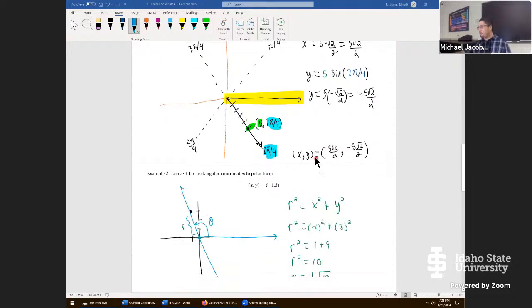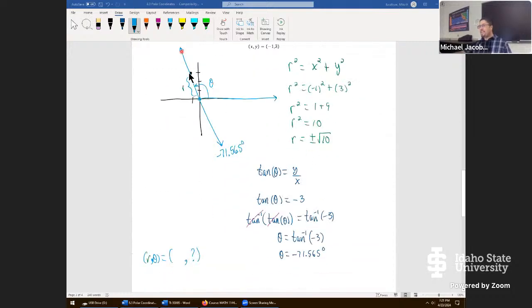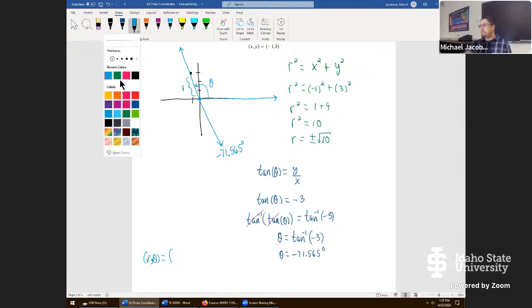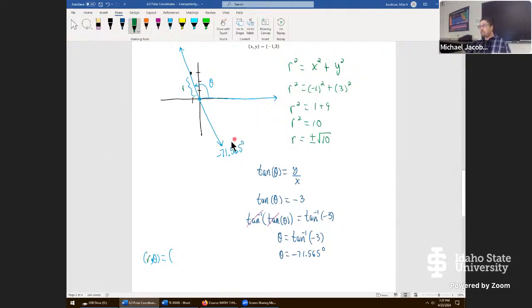Come back down to our current problem. We found an angle that's diametrically opposed to the one we want. You can add, say, pi to this to end up right here. But I think the best answer, the most convenient answer rather, is this. We're going to use this rotation, negative 71.565 degrees, and we're going to use the negative distance, negative root 10.